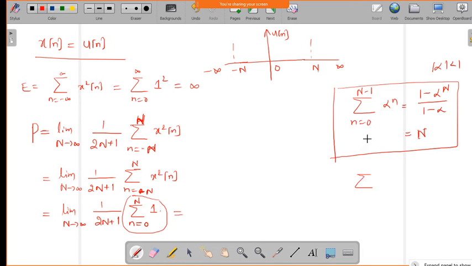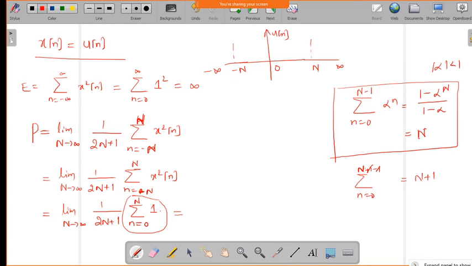But I want the summation from 0 to n, so I will add one more term: wherever n is there, I will add n plus 1.